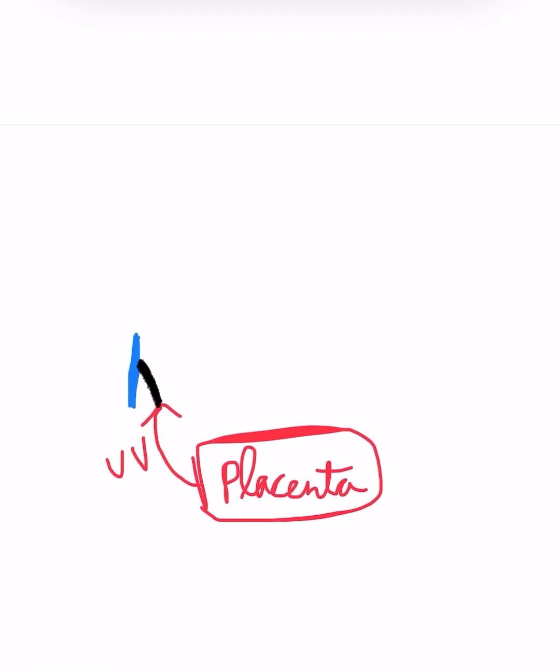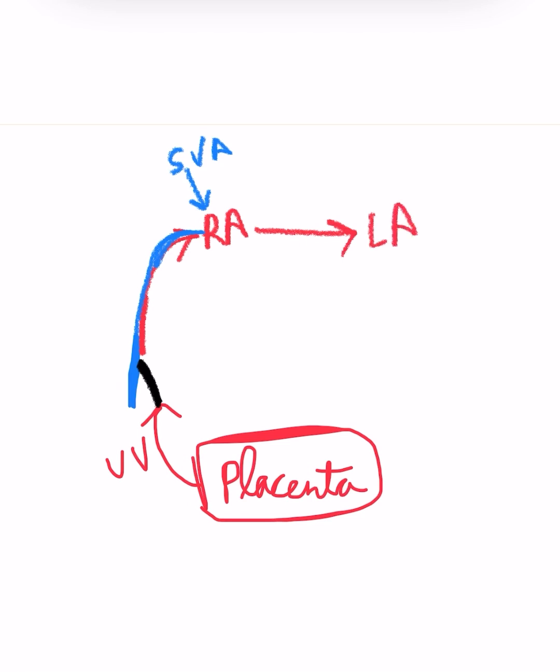Once the mixed blood from the umbilical vein and inferior vena cava gets poured into the right atrium, the right atrium also receives blood from the superior vena cava, and once the atrium is filled, the blood is transferred to the left atrium with the help of the interatrial foramen that is called the foramen ovale.